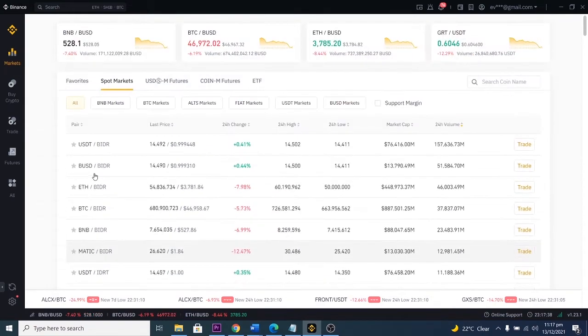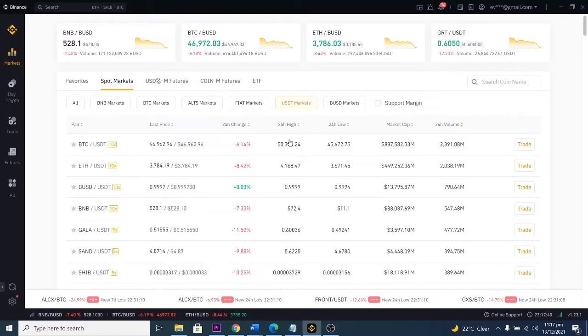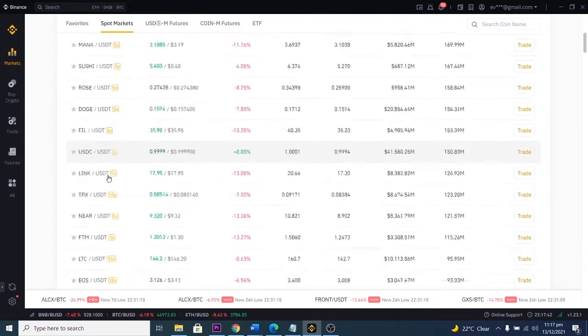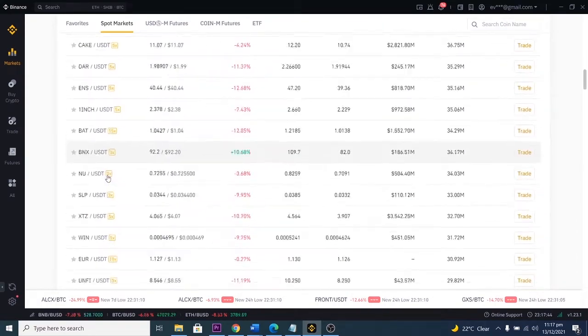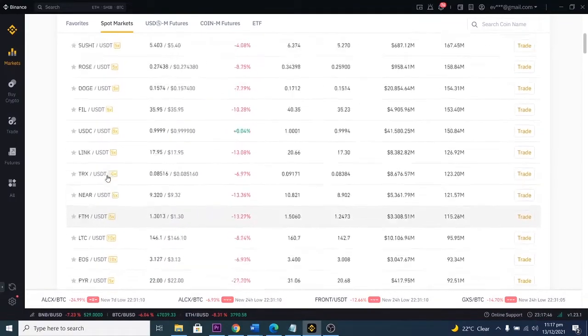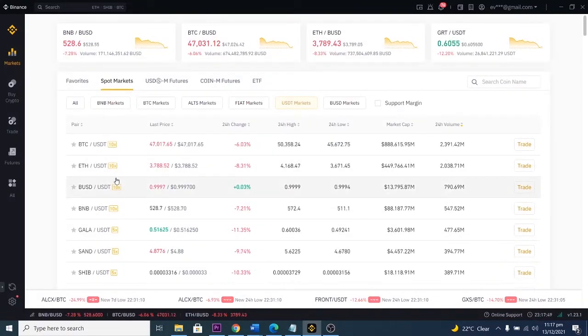But if I go to the USDT market, all the coins listed here are coins that I can buy with USDT, and almost all the coins that we have can be bought with USDT. Most coins can also be bought with Bitcoin and Ethereum.